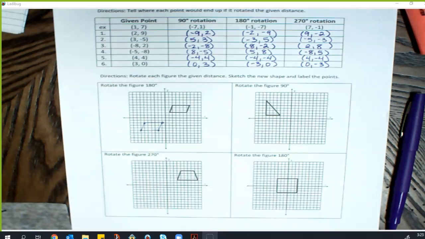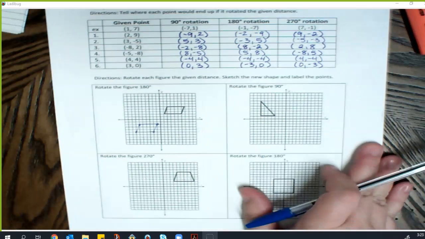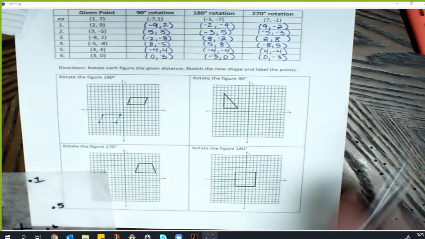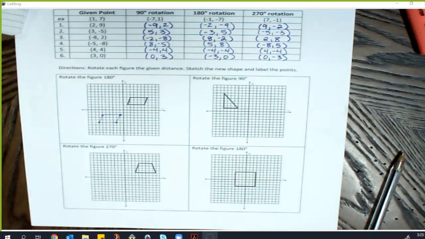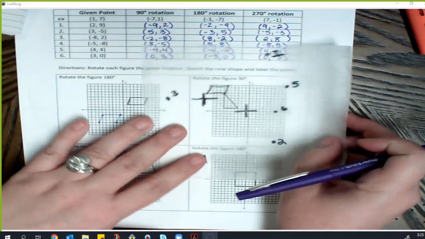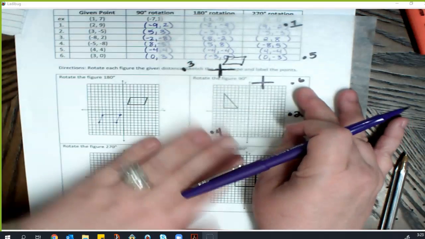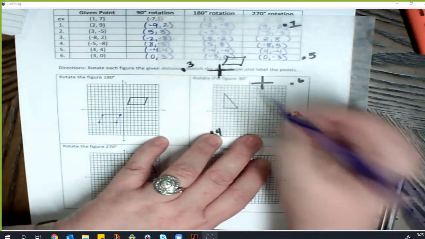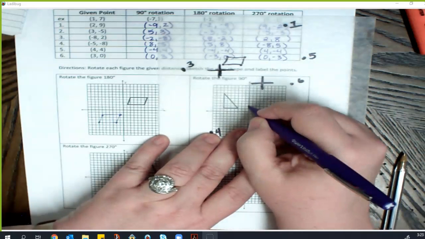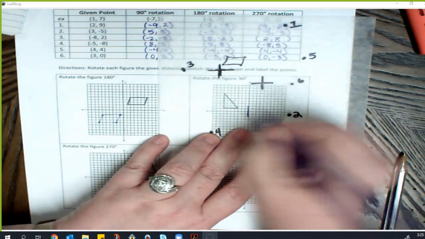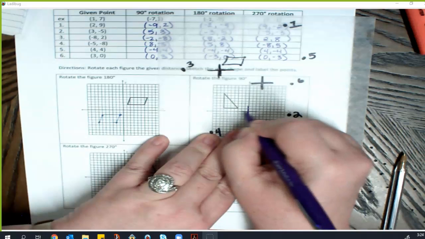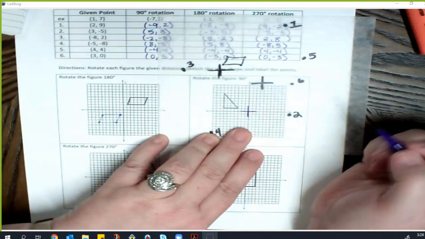You try number 2. Rotate the triangle 90 degrees. While you do it, I'll do it, and we'll see if we end up the same. I'm probably going to have to make a new origin because I'm getting kind of messy over there. I'm making a new origin.